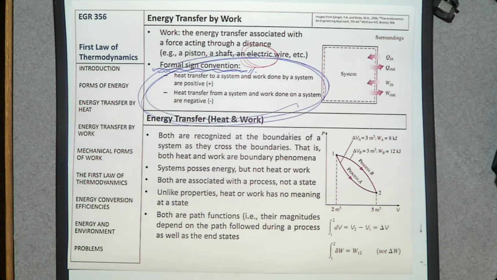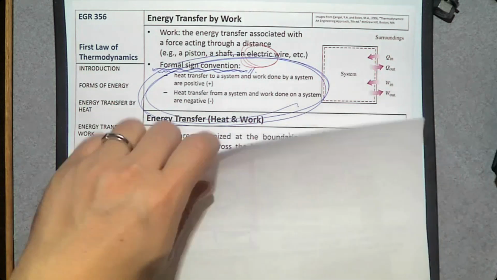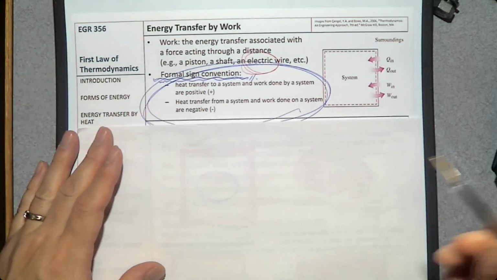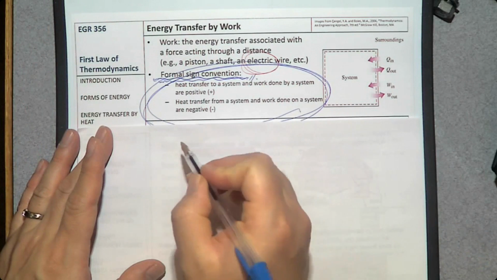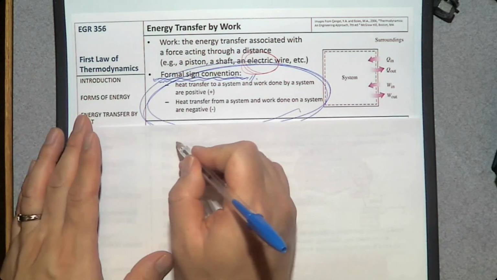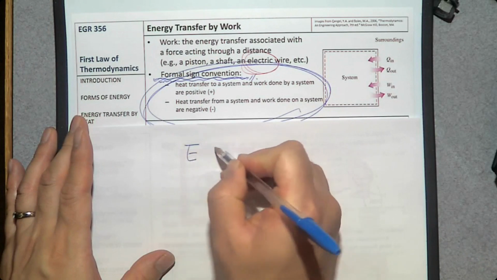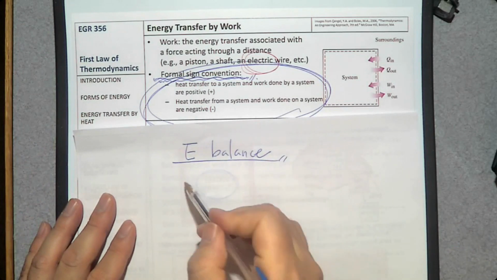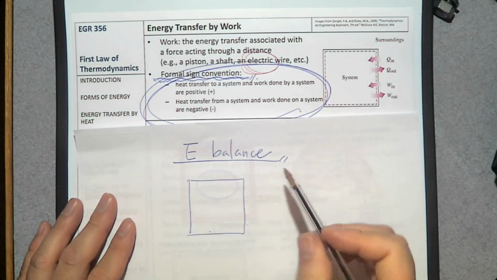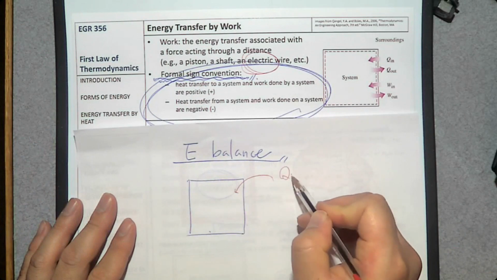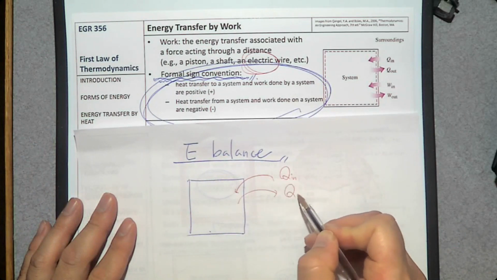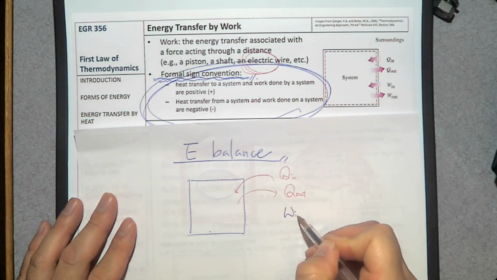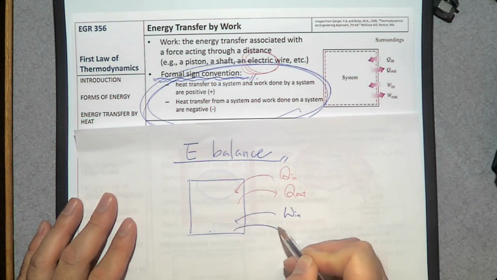So when we talk about energy transfer, later when we use the energy balance equation, which we are going to do next Tuesday, when you have a system, there can be heat transfer in, Q in, and heat transfer out, Q out, and there can also be energy transfer by work going in and energy transfer by work coming out.